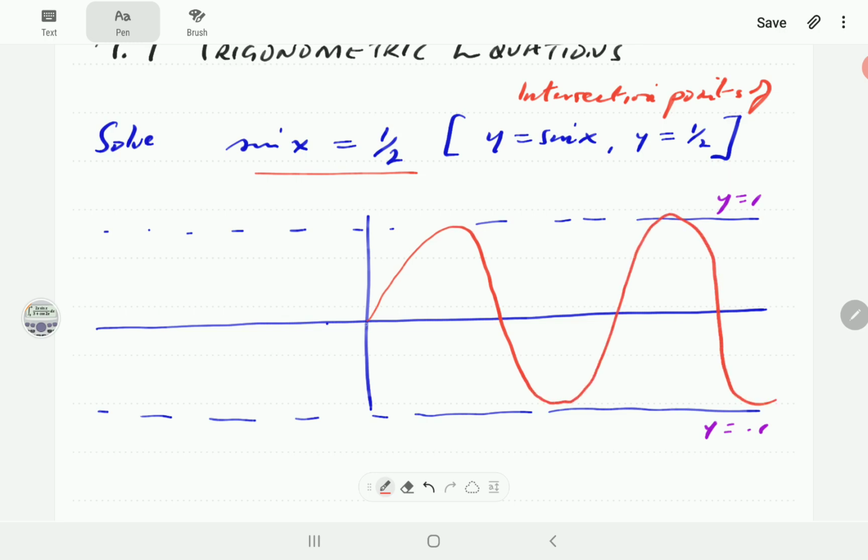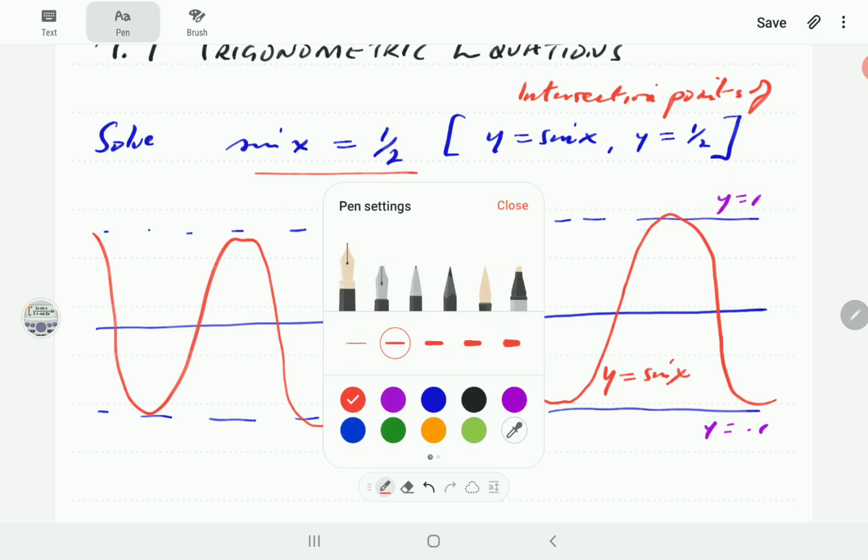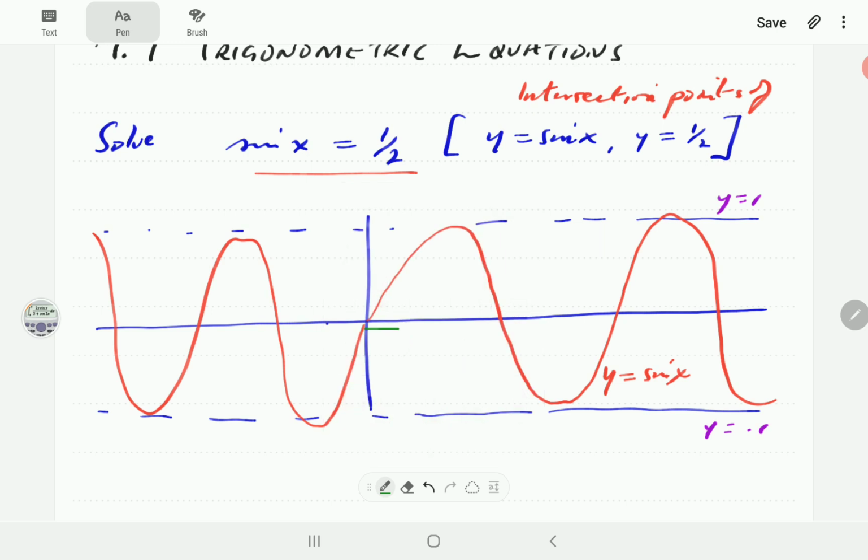It repeats itself over and over. So that would be a sketch of y equals sine x. Then of course y equals 1/2 is going to be midway between 0 and 1. So that's y equals 1/2.